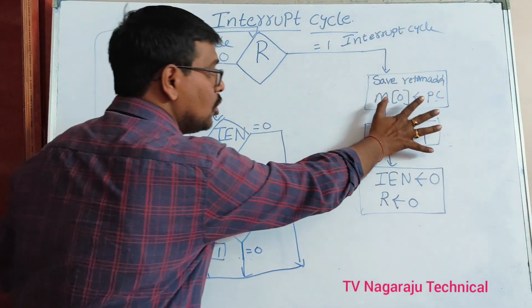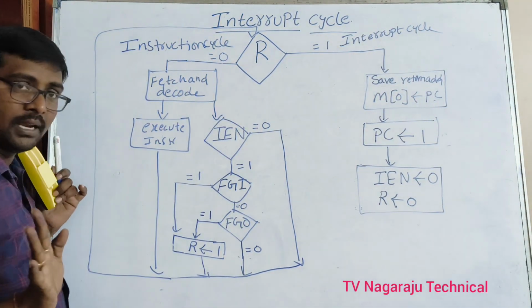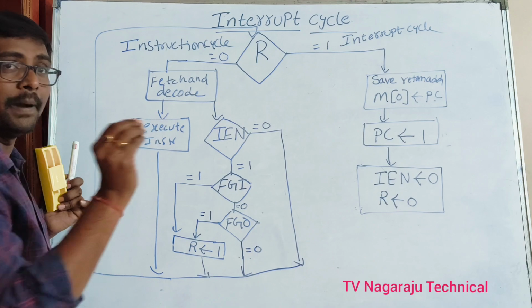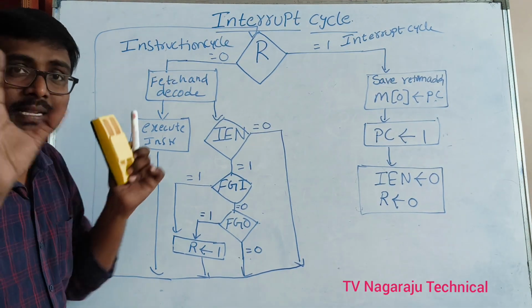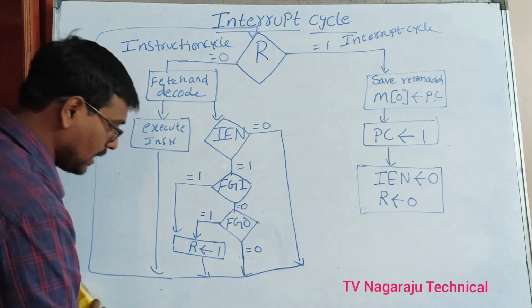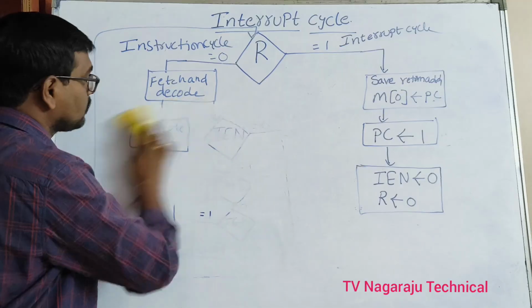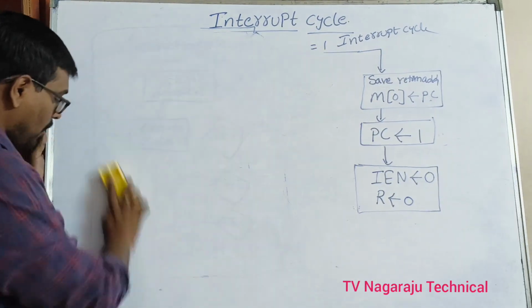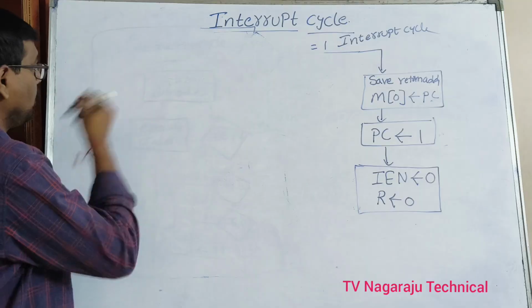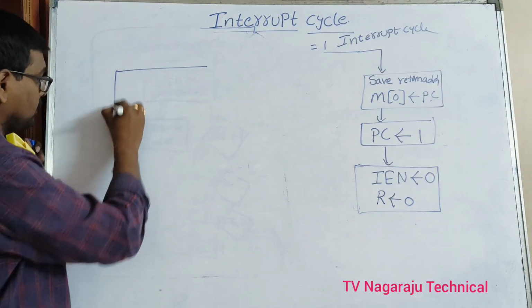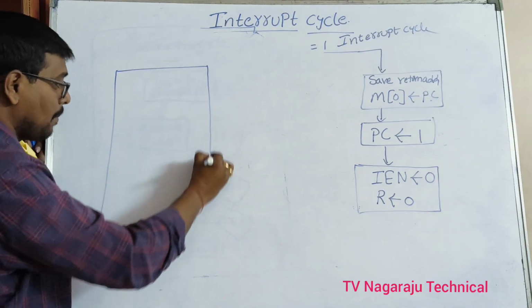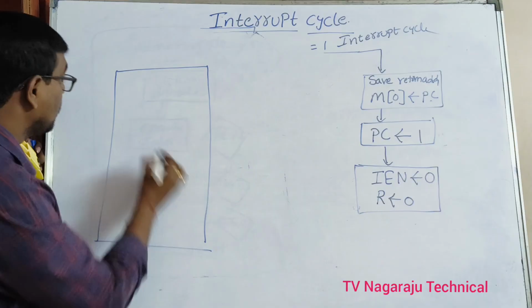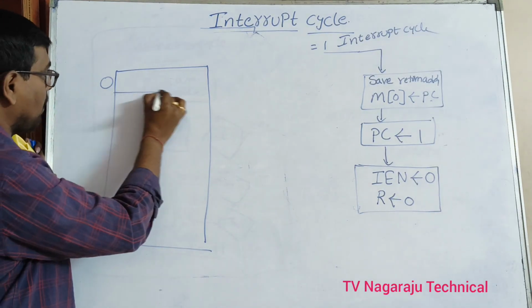Now I will show you how this happens in diagrammatical format, that is, in the form of memory. If you understand carefully, assume this is my memory. This is the 0th location of memory.